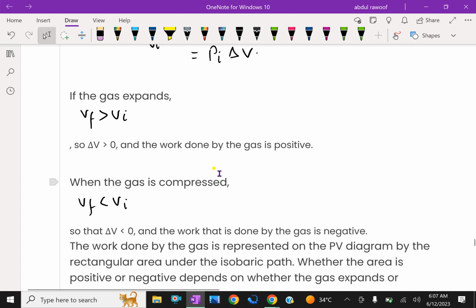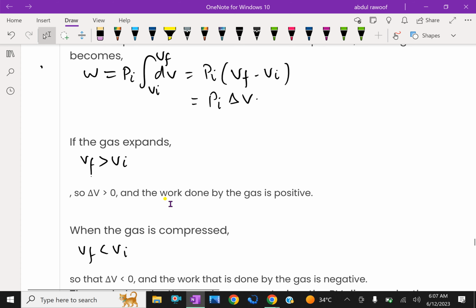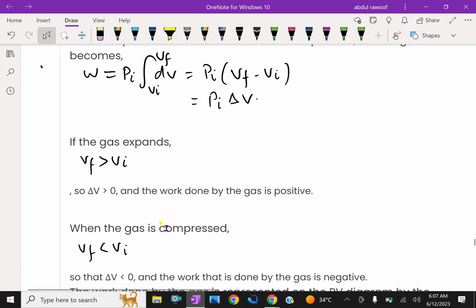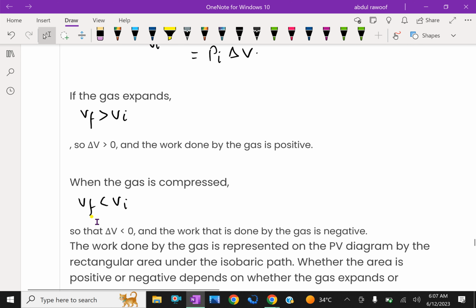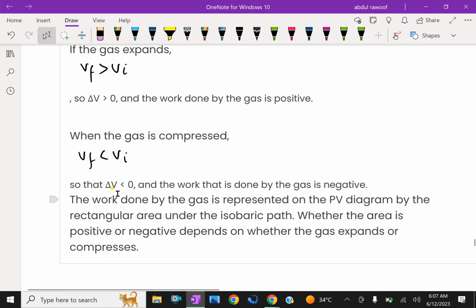When the gas is compressed, that is when Vf is lesser than Vi, the final volume is lesser than the initial volume, so delta V is lesser than 0, and the work done by the gas is negative. The work done by the gas is represented on the PV diagram by the rectangular area under the isobaric path.